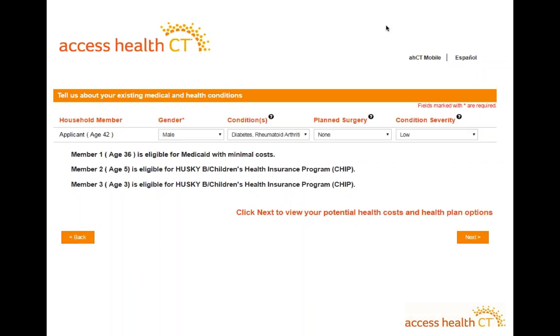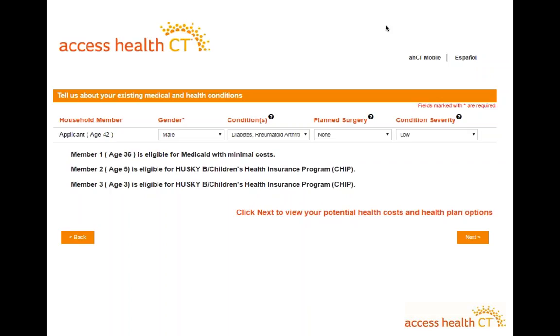Then we would have 2 people, the applicant age 42 and member 1 age 36, to fill out a few things here that are not generally asked elsewhere, which is that we needed to know the gender. The reason is, I said in the past that we created these benchmarks based on gender and age bands, right?